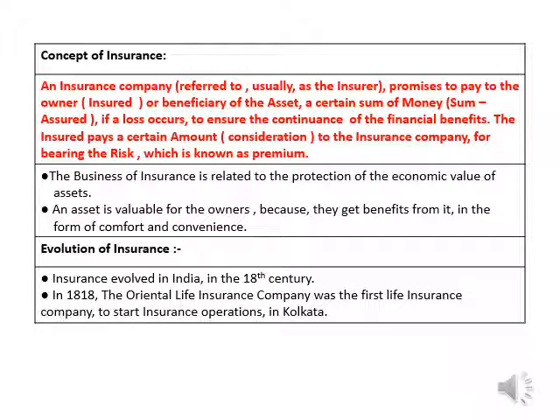So why insurance? It's a very old concept. The Hammurabi Code also had the insurance concept. So the business and infrastructure related to the protection of the economic value of the asset. You see, there can be fire, there can be earthquake, there can be floods, there can be various perils, something falling down.